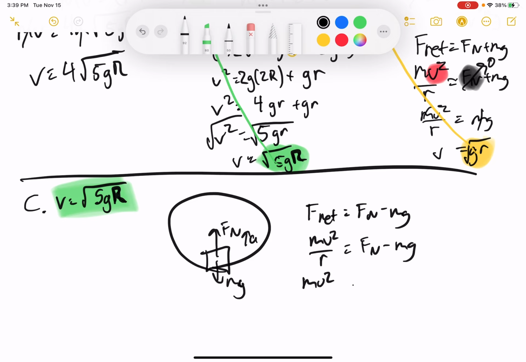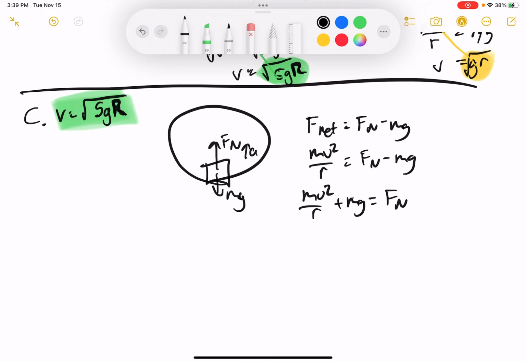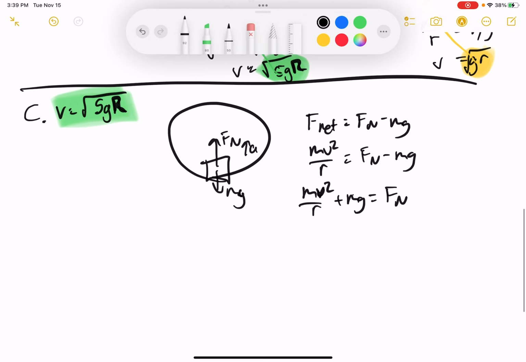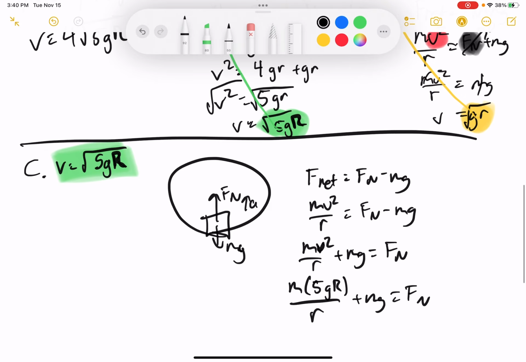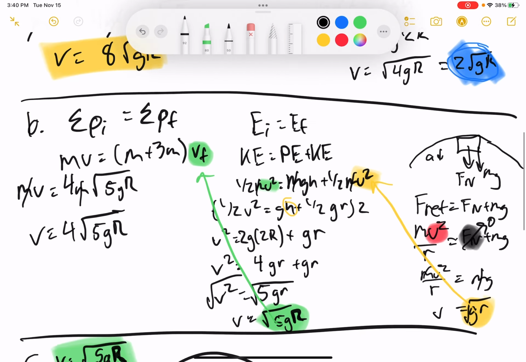So I'll have mv squared over r plus mg equals Fn. And my v here is root 5gr, so then I square that, so it'll be m times 5gr over r plus mg equals Fn. And my m, remember, isn't just m, it's actually 4m, because that's the total mass.